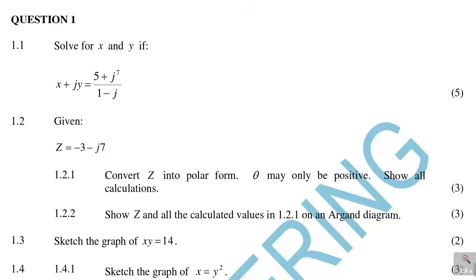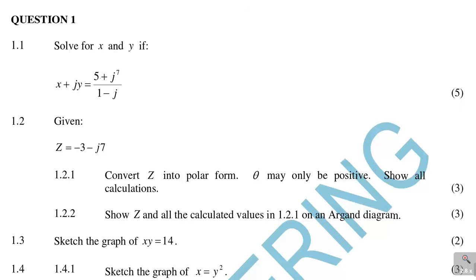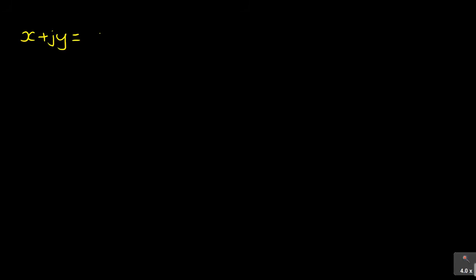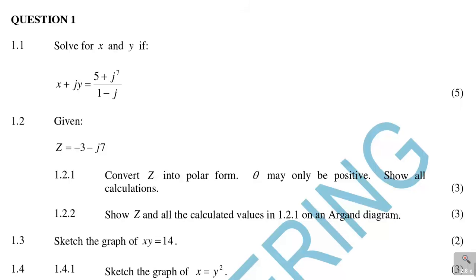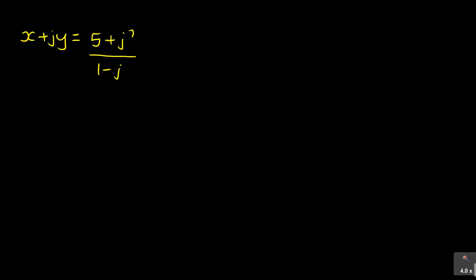What I'm given here is x plus jy is equal to 5 plus j7 all over 1 minus j. This is 5 marks, and you want to ensure that you get all the 5 marks in this case.